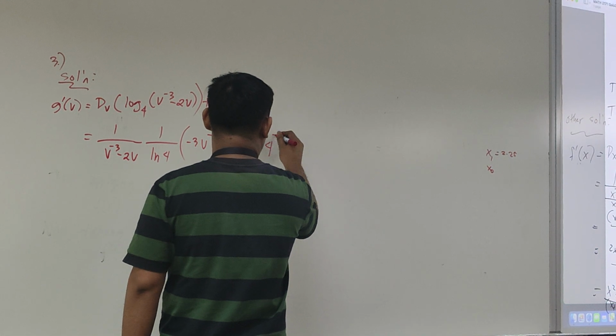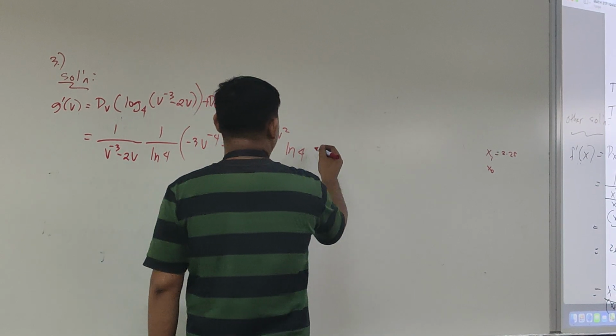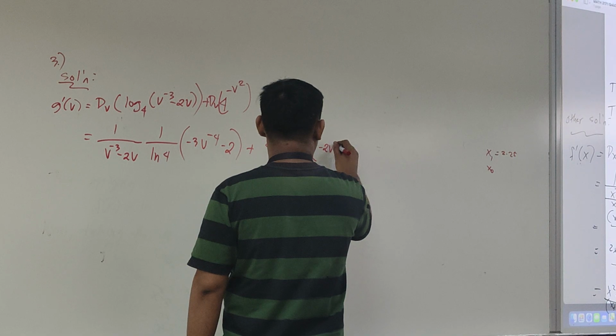So we have 4 to the negative v squared times ln of 4 times negative 2v.